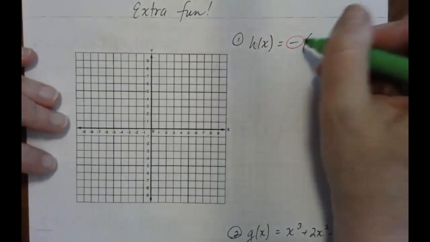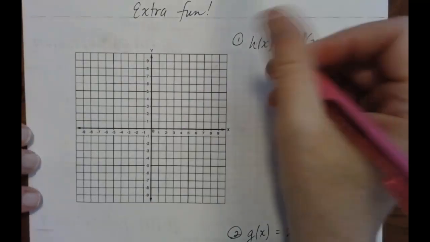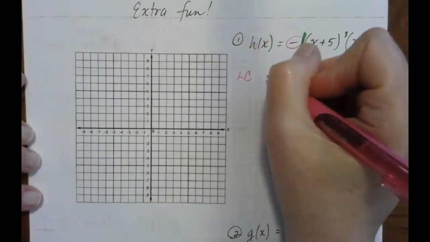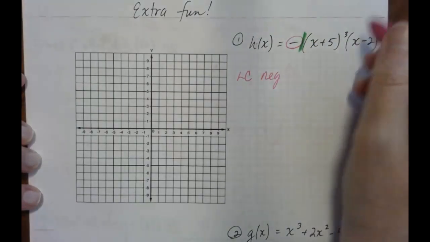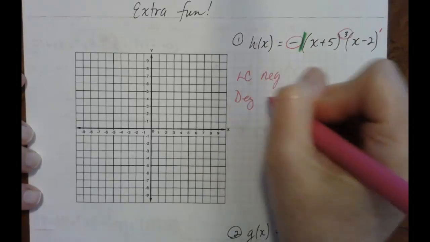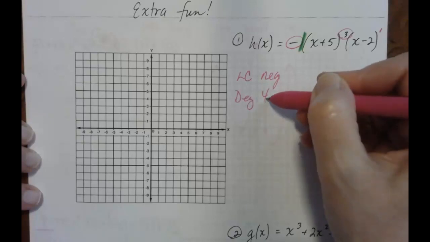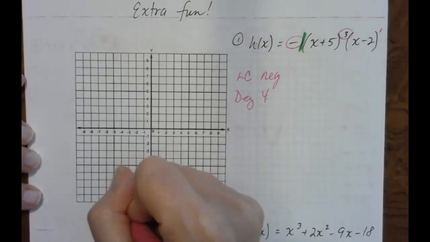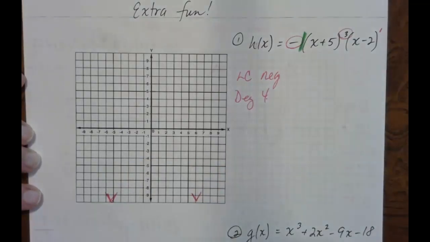That means that we have a constant value of negative 1 up front, which means our leading coefficient is negative. What's our degree here? So our degree is 3 plus the 1. Our degree is 4. So negative leading coefficient, even degree, down and down. Down and down on both sides of the graph.